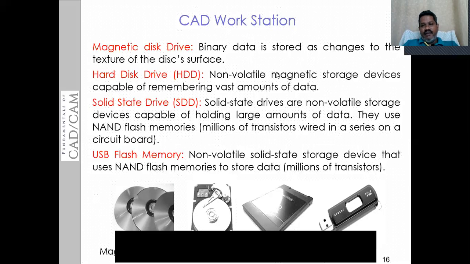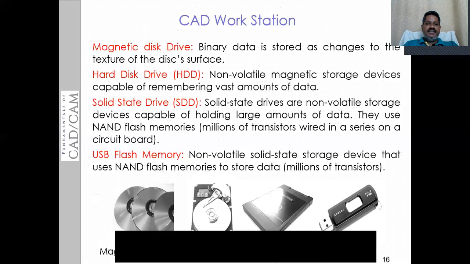HDD has some moving device. You have a magnetic disk which is continuously rotating to read the data as well as to store the data on the disk. Whereas the solid state drive does not have any moving element, any moving device.